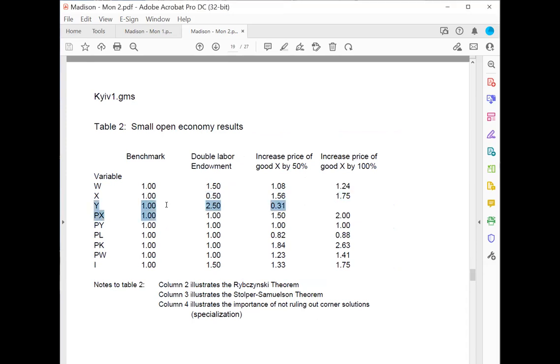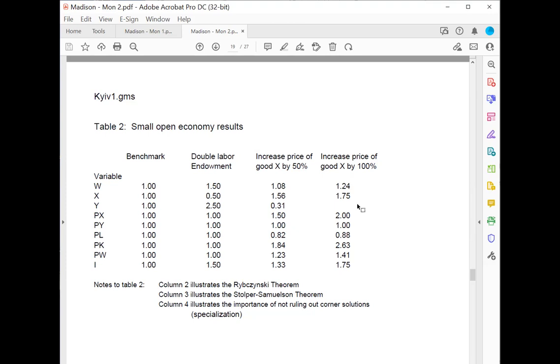This third line actually shows the computation of the corner solution. The third line is where the price of X goes up so much that you stop producing good Y, the labor intensive good. Economy completely specializes in X.